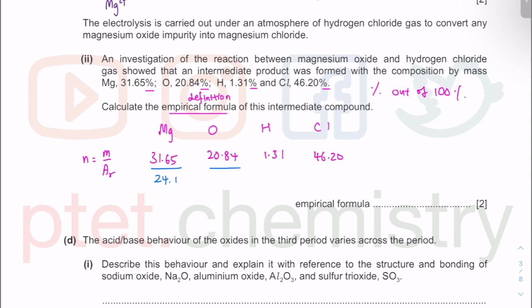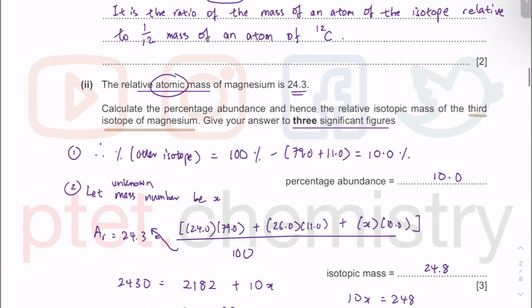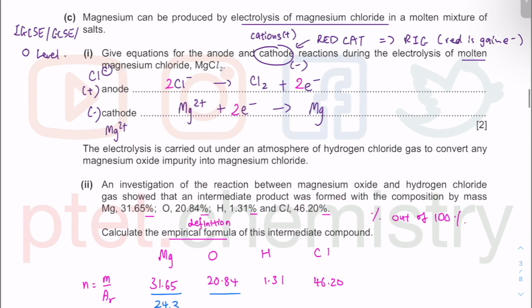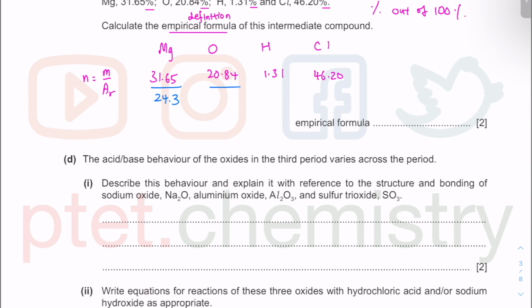You gotta be careful and use the periodic table that you are given in the A-level exam paper, not just any periodic table. So yeah, it is 24.3, not 24.1. In fact, it was already provided in the previous question, 24.3 there. So I was mistaken there. The oxygen is 16.0, the hydrogen is divided by 1.0, the chlorine is divided by 35.5.